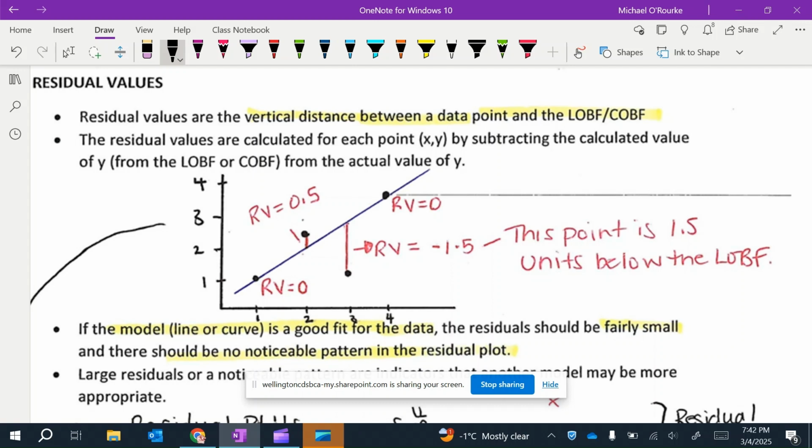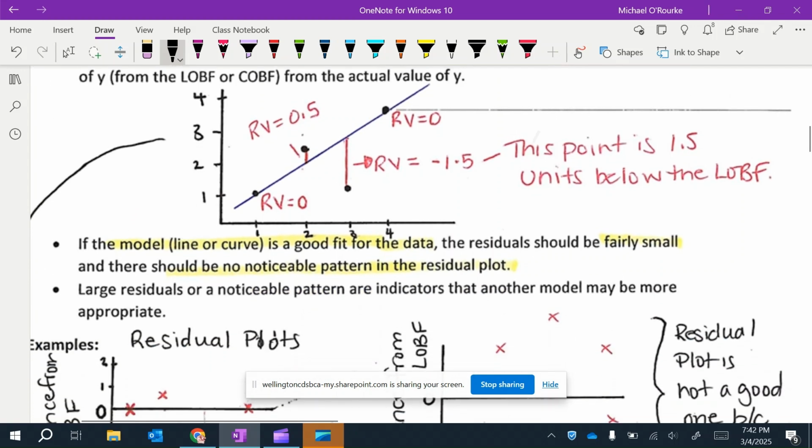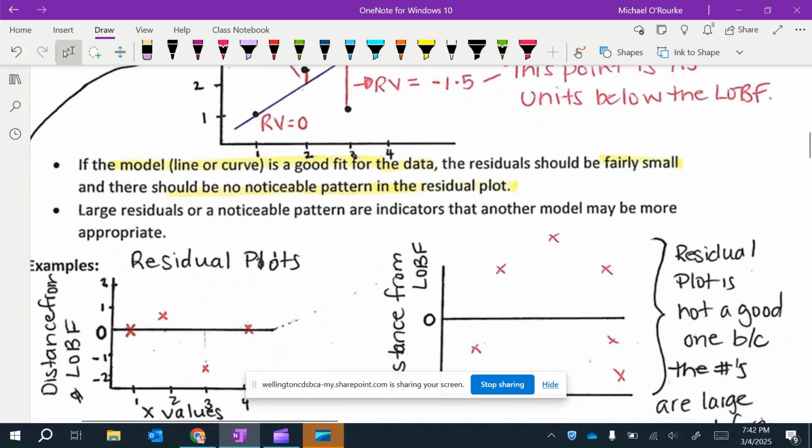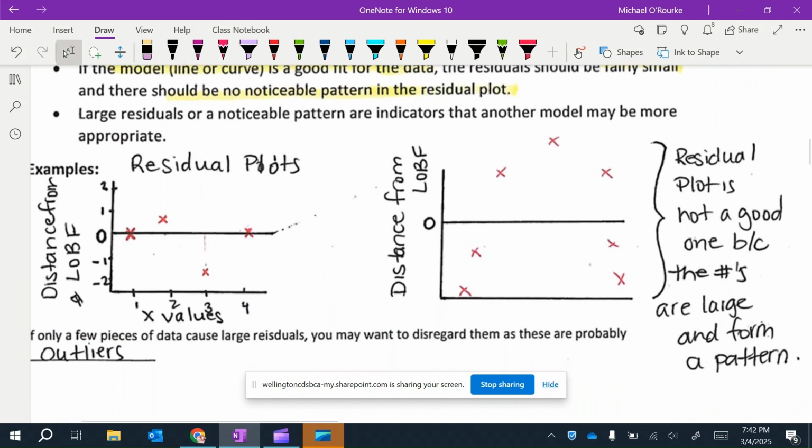A residual value is the vertical distance above or below the line of best fit from the data points, and we graph those on a graph. If the model is a line or curve of best fit, we should have low residuals here. Anyways, I'm going to go through a couple of these and take a peek at it.